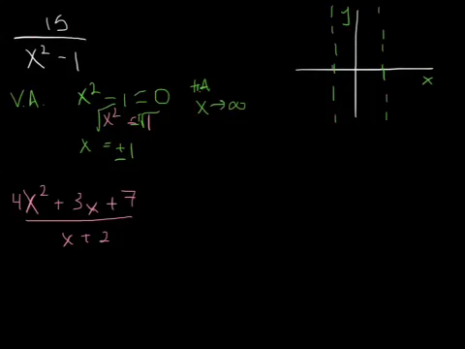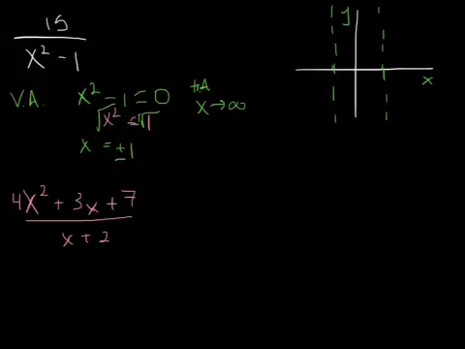Well, you can imagine as x approaches infinity, x squared minus 1 is going to be humongous. It's going to be enormous, just a gigantic number. And 15 is going to stay the same. So 15 divided by an increasingly large number, what's going to happen?